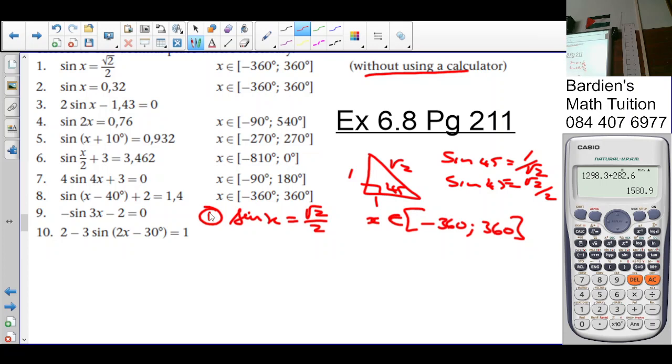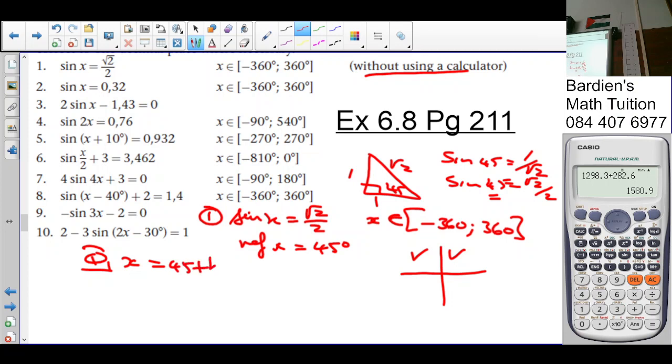So we know that this angle is 45 degrees, so my reference x is equal to 45 degrees. The question we ask ourselves: in which quadrant is sine positive? Quadrant 1 and 2. So let's go with quadrant 1. How do we get in quadrant 1? x is equal to 45 plus k times 360.